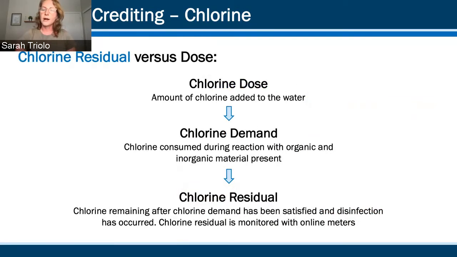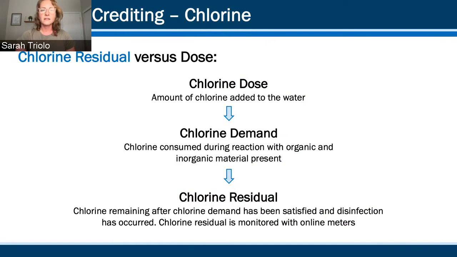So I just want to provide a little more information about these two factors that make up the CT. First it's the chlorine residual. And just to distinguish what the residual is from what your chlorine dose is: you're going to dose a certain amount of chlorine to your water, upstream or at the beginning of your chlorine contactor.